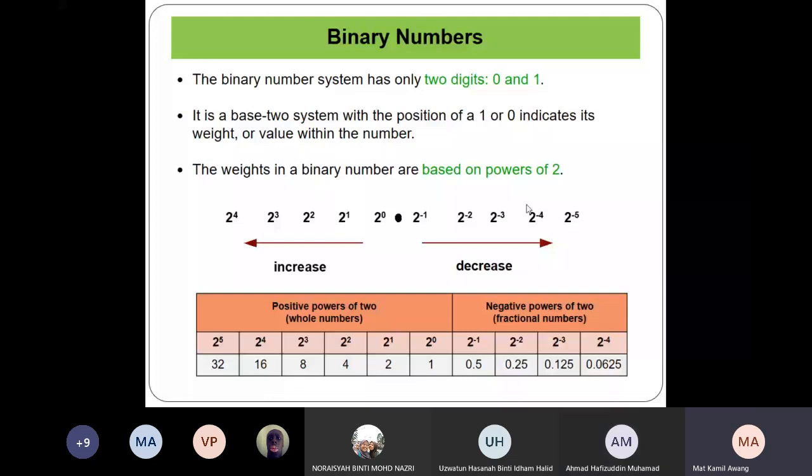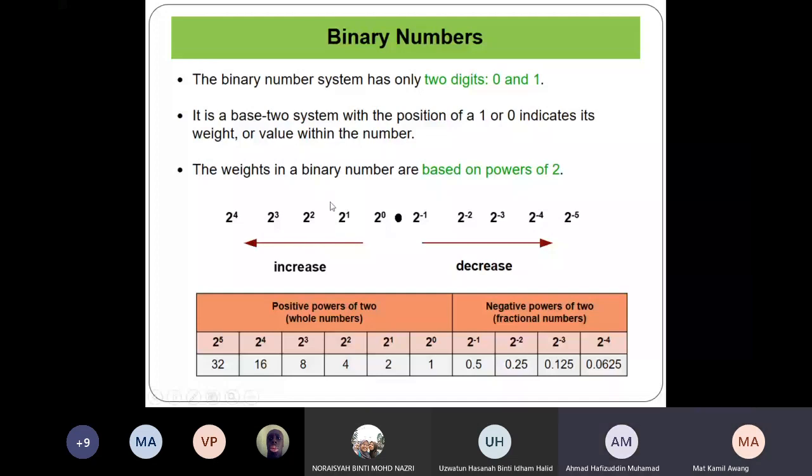For binary numbers, you have only 2 digits, 0 and 1. In the base 2 system, the position of 1 and 0 indicates its weight or value within the number. The weights in a binary number are based on the power of 2. In decimal it is 10 to the power of 0, 1, 2.